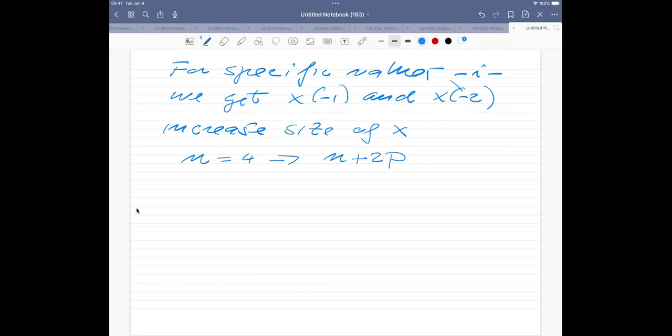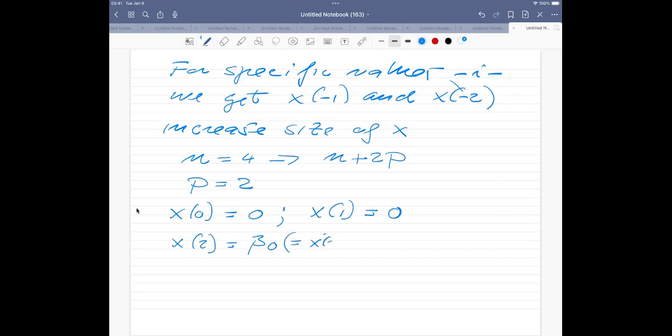In this specific case, p is going to be equal to 2. So I'm going to define an x0, a new value, which is 0. I define x1 equal to 0. I define x2, which is equal to the original value, my original x0.